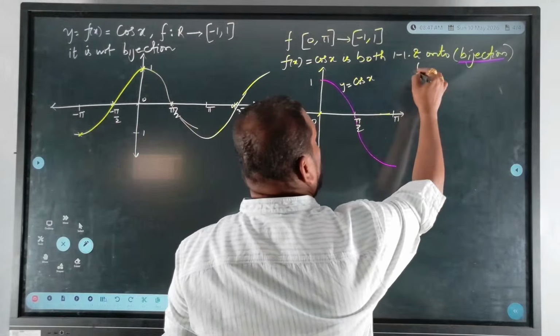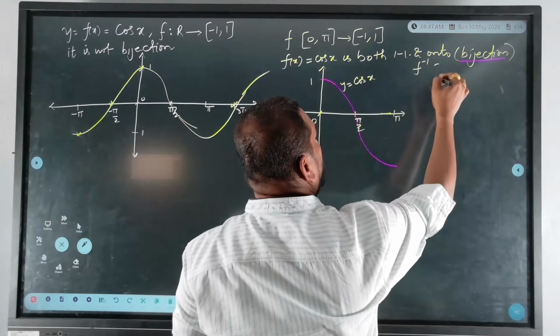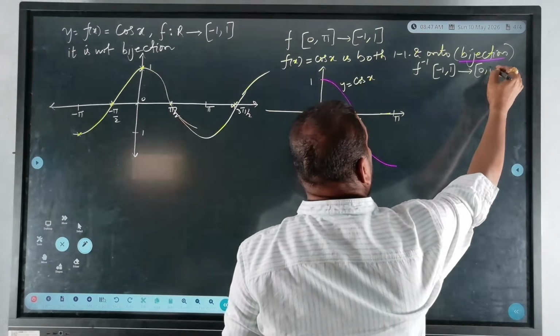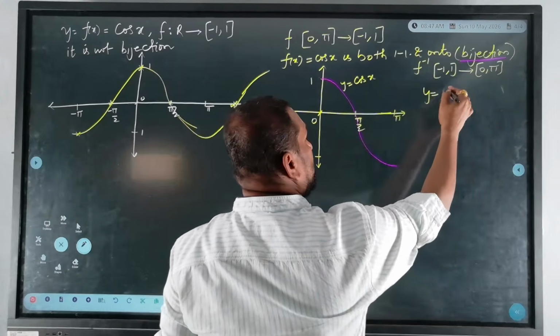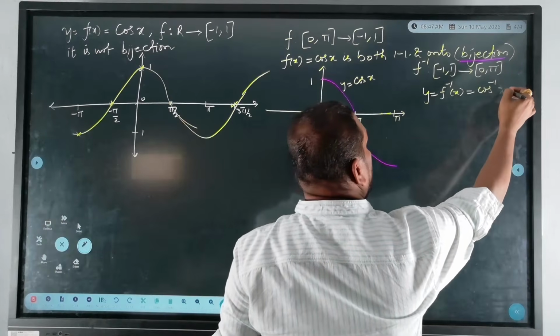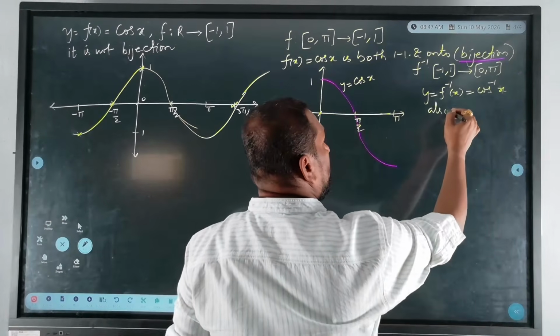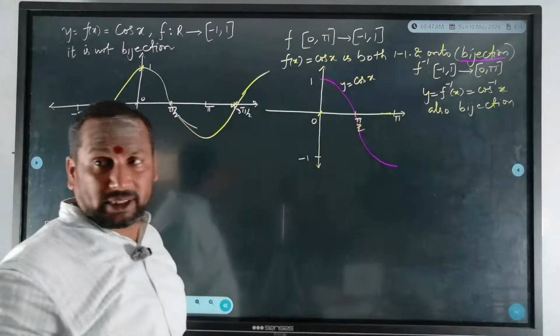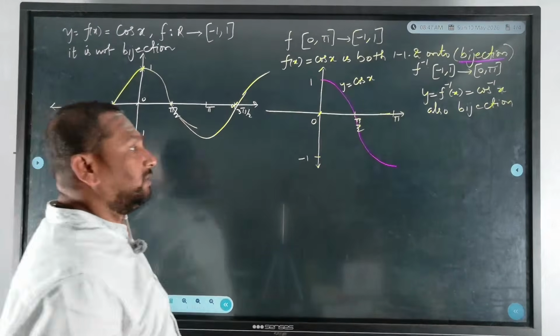So f inverse maps from minus 1 to 1 to 0 to pi. Y is equal to f inverse x is equal to cos inverse x. It is also a bijection. So what about the cos inverse graph?